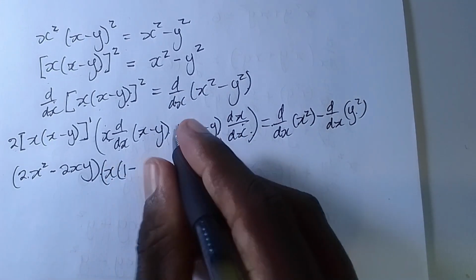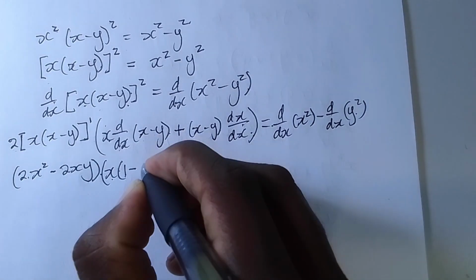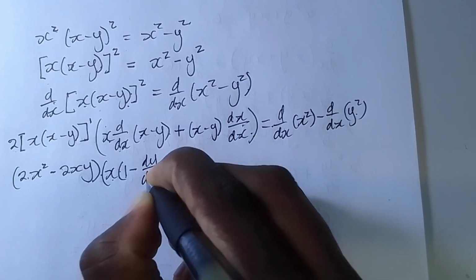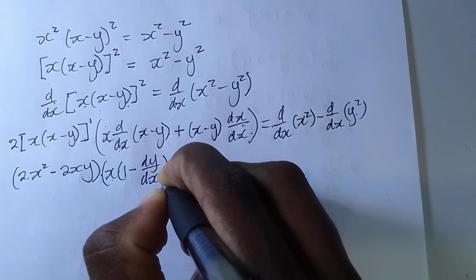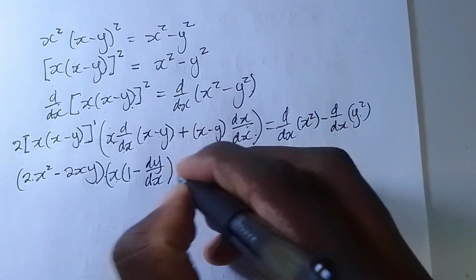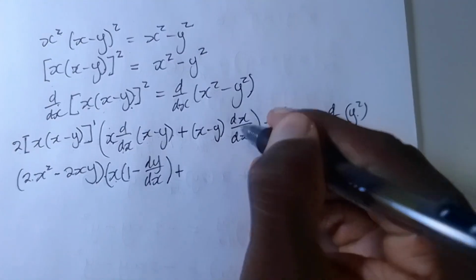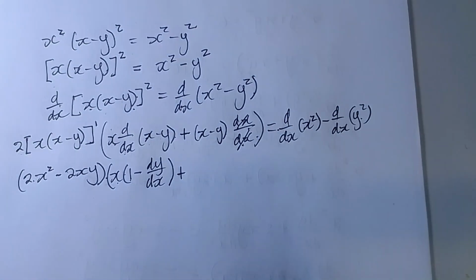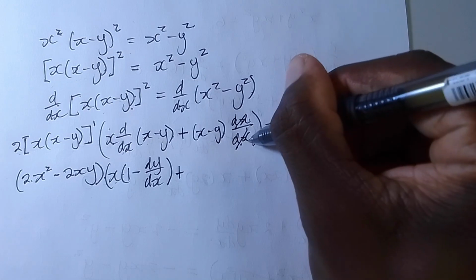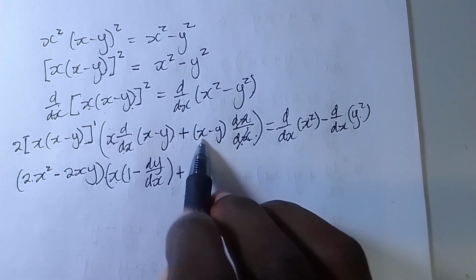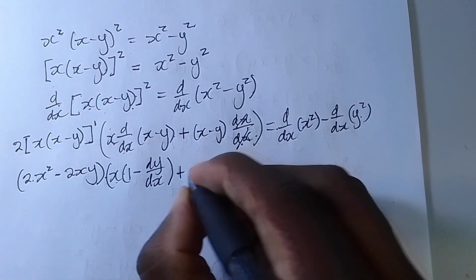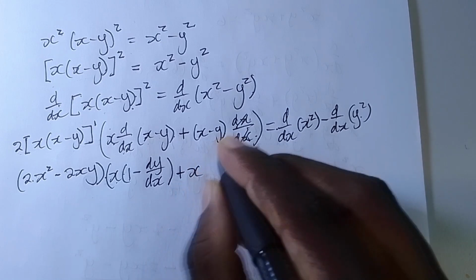We know the derivative of y with respect to x is just dy/dx. We move on to the next one. Here this is 1. The derivative of x with respect to x is 1. So you have x minus y.